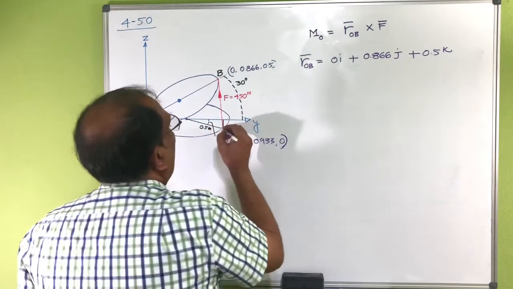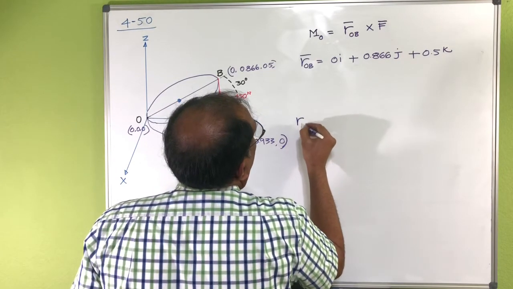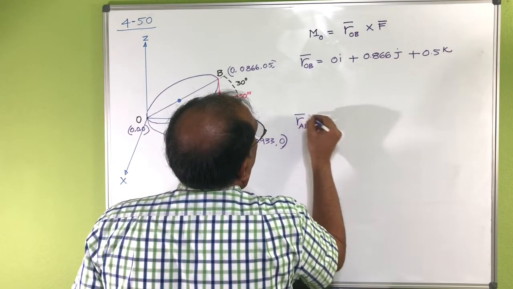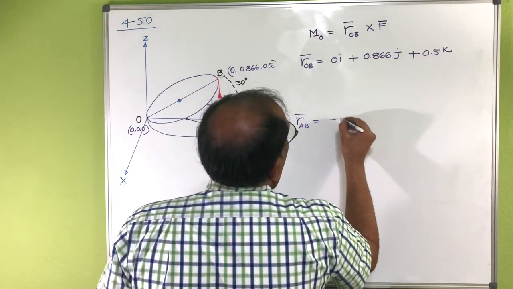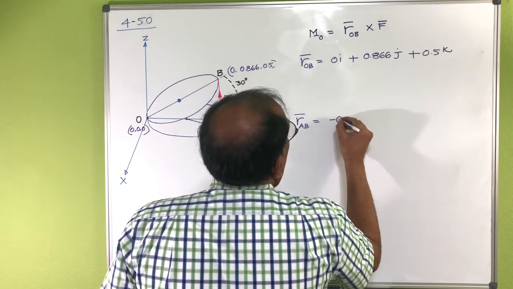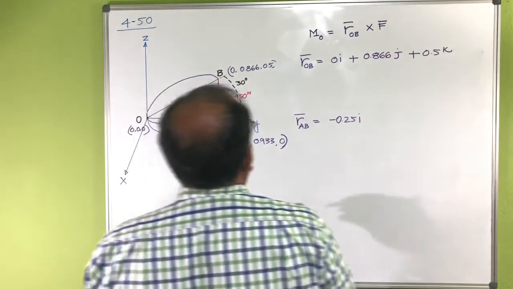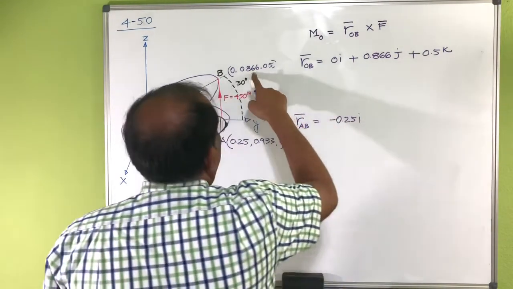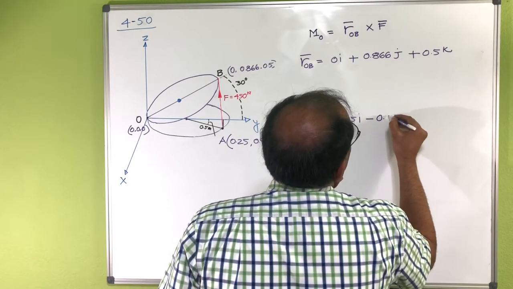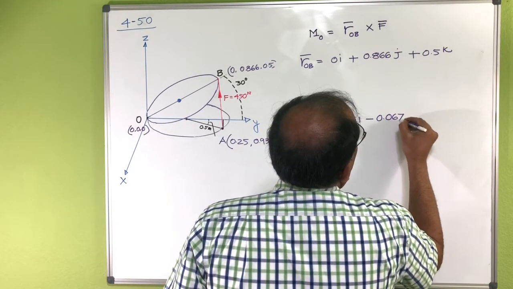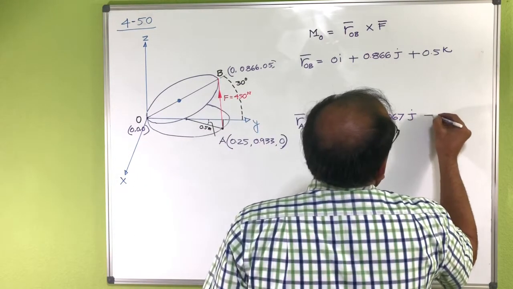So I need to know the position vector from A to B. So B minus A, so you can see minus 0.25 I, then this minus this, so that's actually negative 0.067 J and 0.5 K.